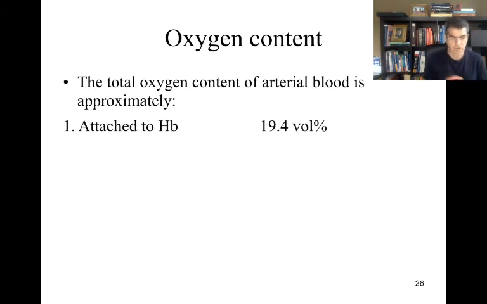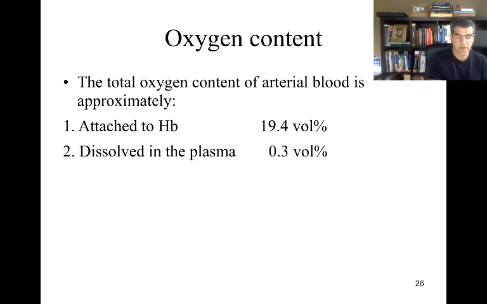Well, we mentioned a few minutes ago that we can carry oxygen attached to hemoglobin, 19.4 ml of oxygen in 100 ml of the blood. We can also carry oxygen in the dissolved form, and that is 0.3 ml of oxygen in 100 ml of the blood. Therefore, in total, I can carry 19.7 ml of oxygen in 100 ml of the blood.